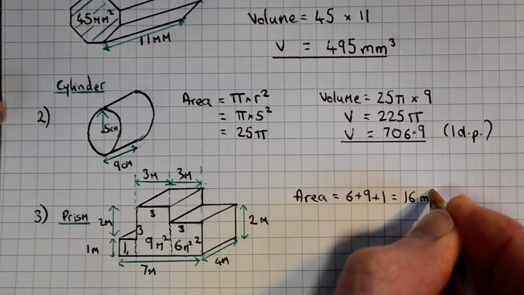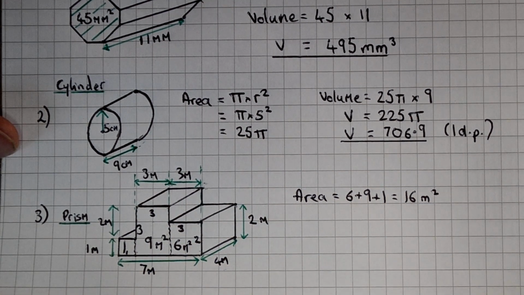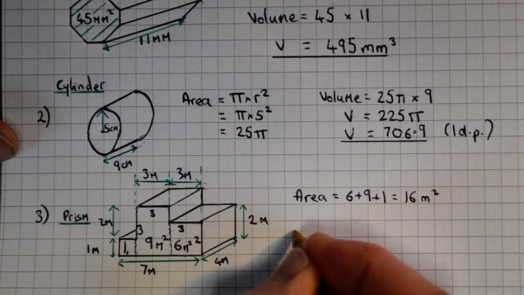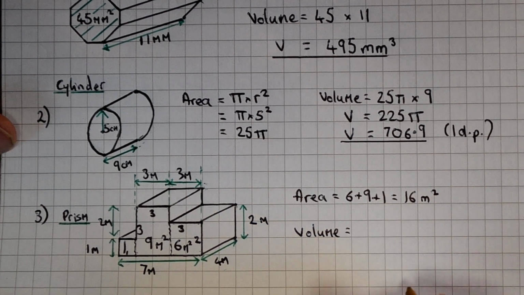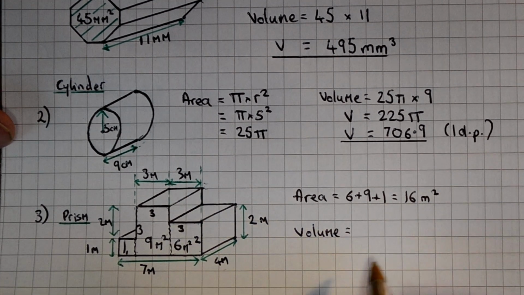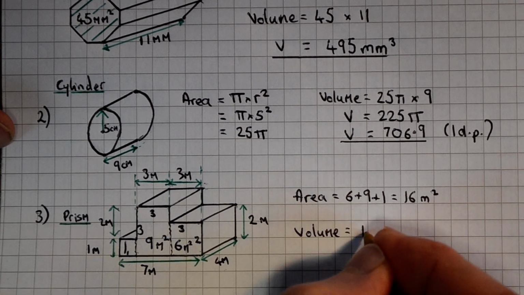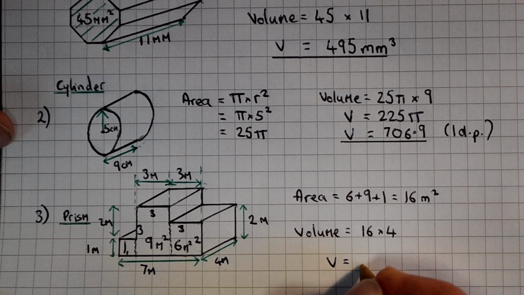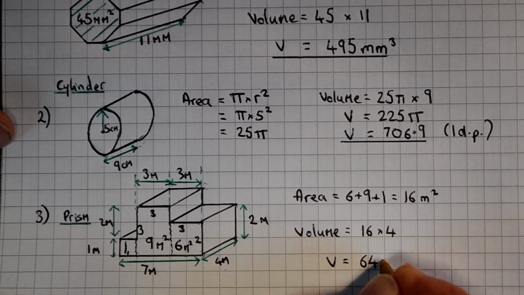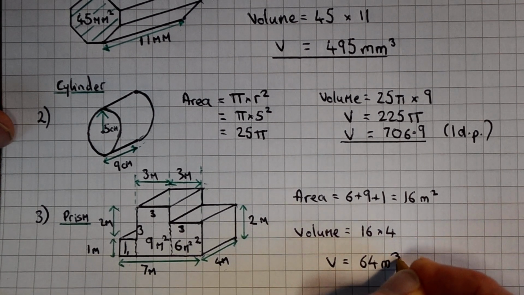So the area of the cross section is that. Now we need to find the volume. So that's just the area of the cross section times the length. Meters cubed.